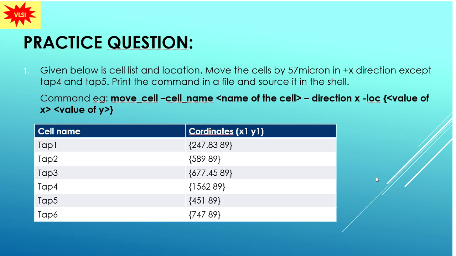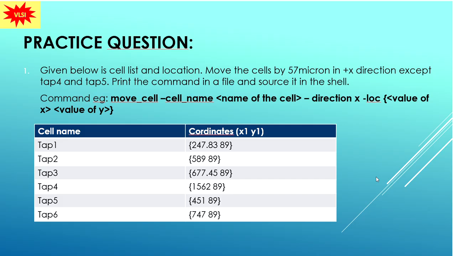Instead of the name of the cell, you have to write the actual cell name, like tab 1, tab 2. Hyphen direction x hyphen loc. Loc is location, and in location you have to give the value of updated x and y coordinates.